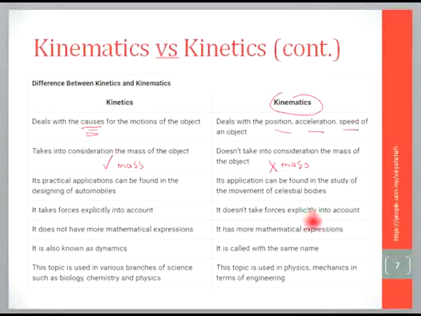Kinematics' application can be found in the study of the movement of celestial bodies, and kinetics' practical application can be found in the designing of automobiles. Kinematics doesn't take forces explicitly into account, and kinetics takes forces explicitly into account.